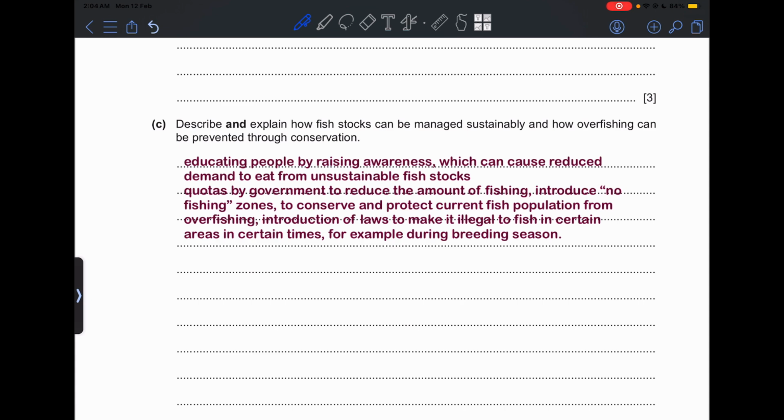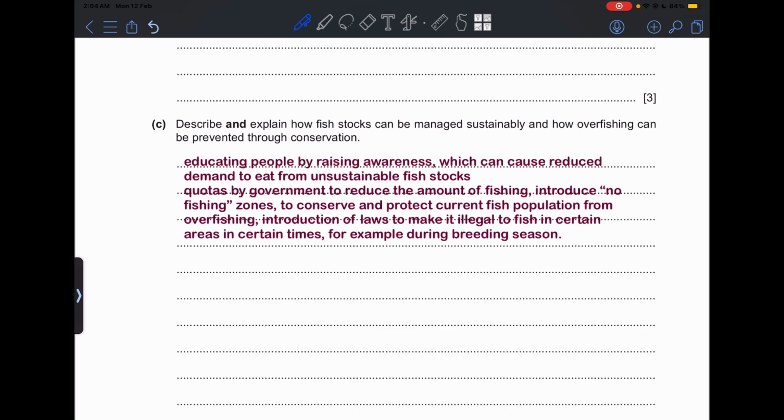If people are aware of the problem caused by overfishing, then many people, and young people, will check with their supermarkets or wherever they're buying their fish from. If it's not sustainable, then they will not buy or eat from that source.